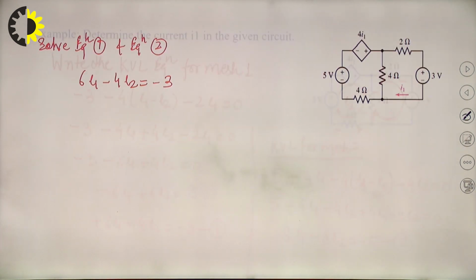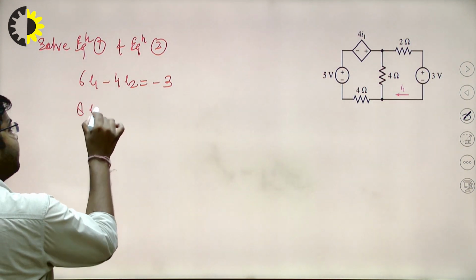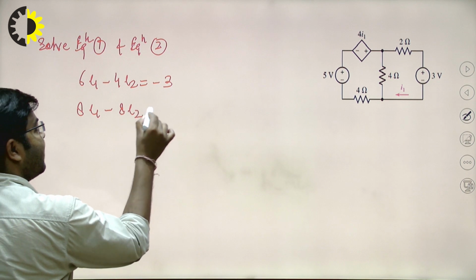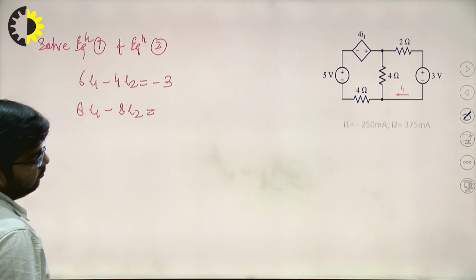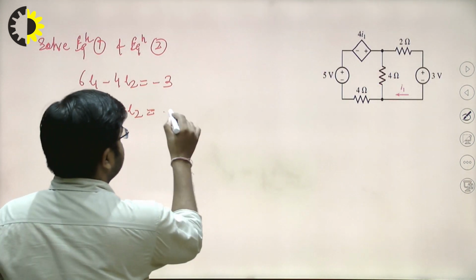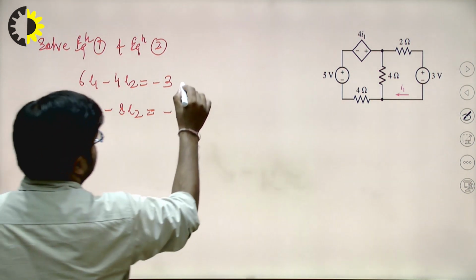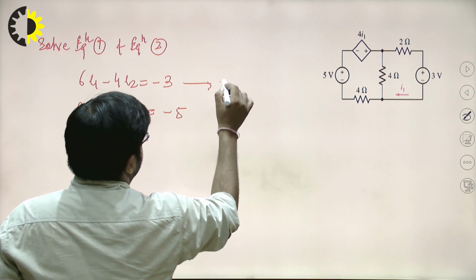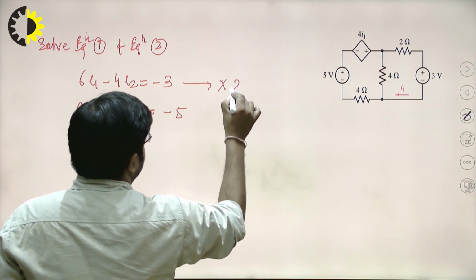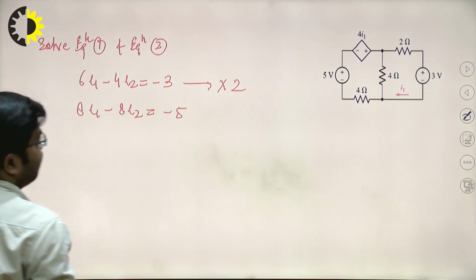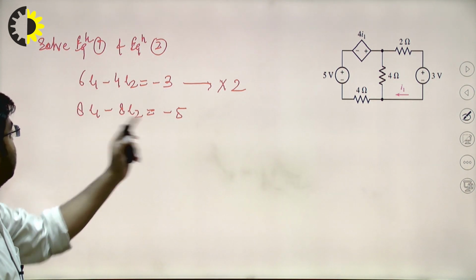Then you have 8 I1 minus 8 I2, that is equal to minus 5. Now multiply this equation number 1 with 2. Then subtract this equation from this equation.